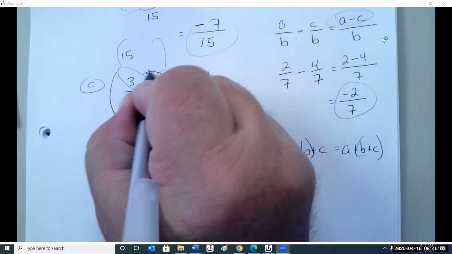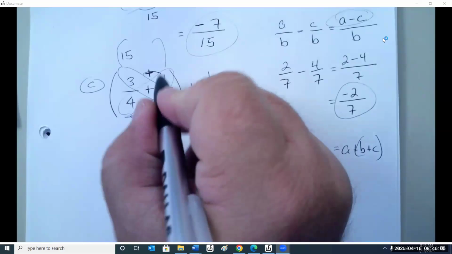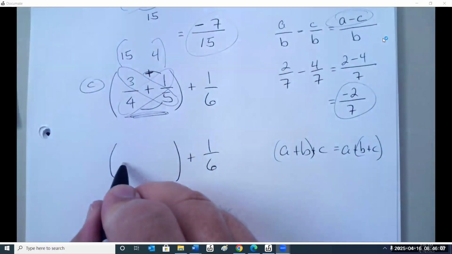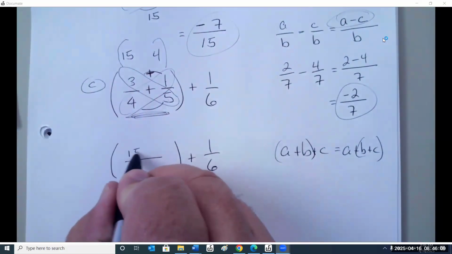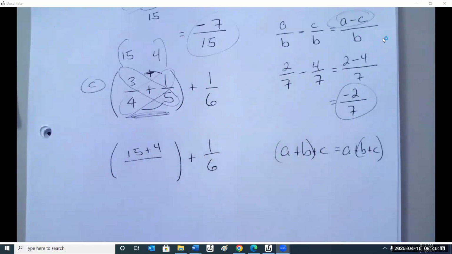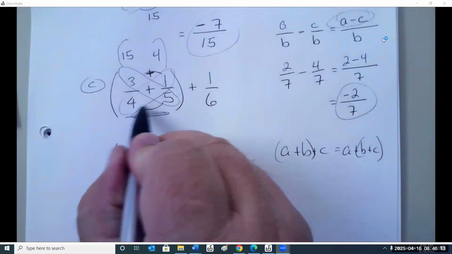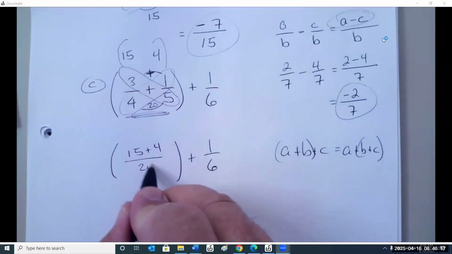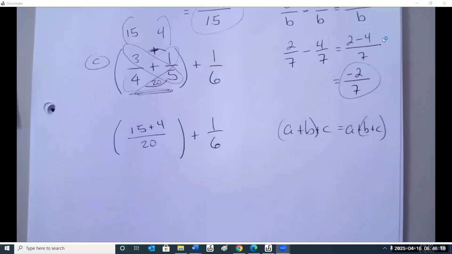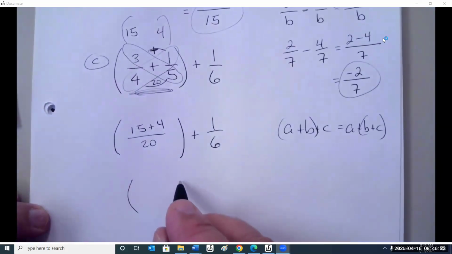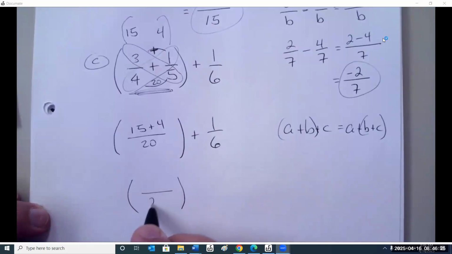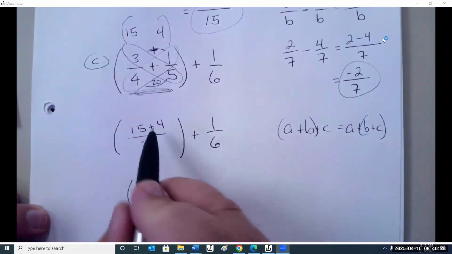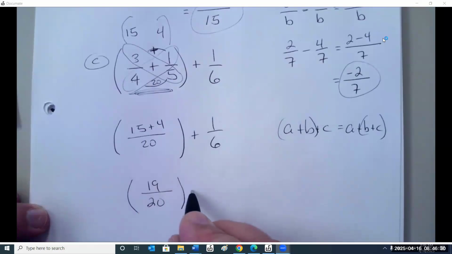The sign is plus. 4 times 1 is 4. So it's 15 plus 4. On the bottom is multiply. 4 times 5 is 20. At the top, 15 plus 4 is 19.